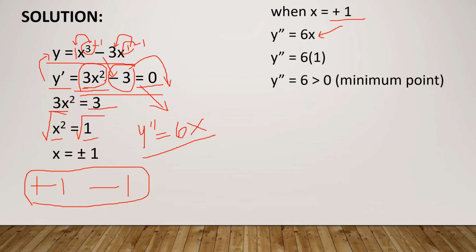Then your second derivative is equal to positive 6, which is greater than 0. So we consider this one as a minimum point. Why? Because the second derivative is positive, since 6 is a positive number, and the slope is equal to 0.